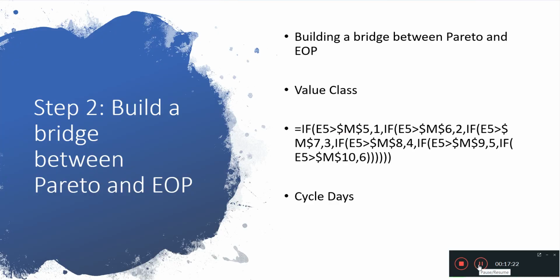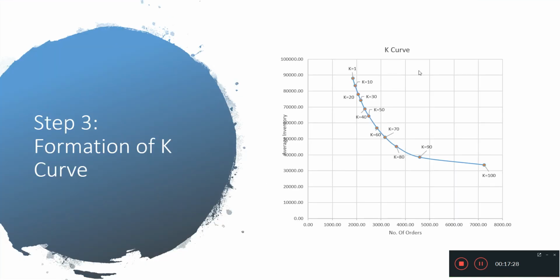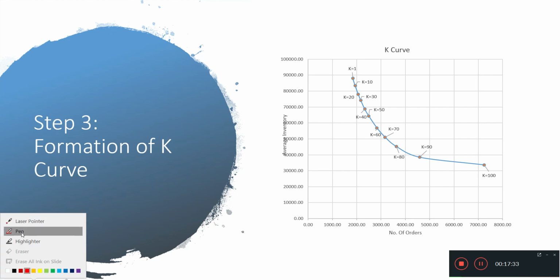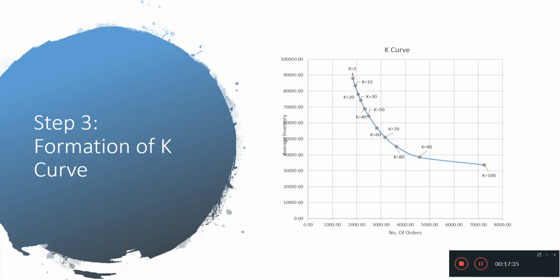Next, we'll be looking at how to properly create this K curve. So as we can see, here's the pen. We can see the curve should be looking like this.